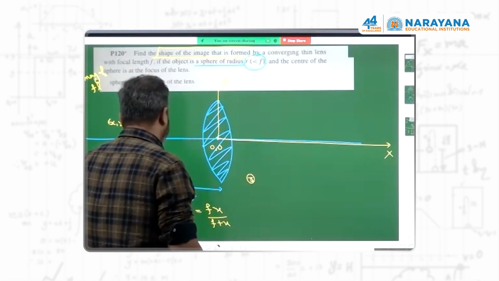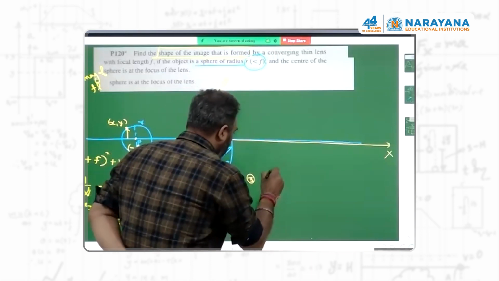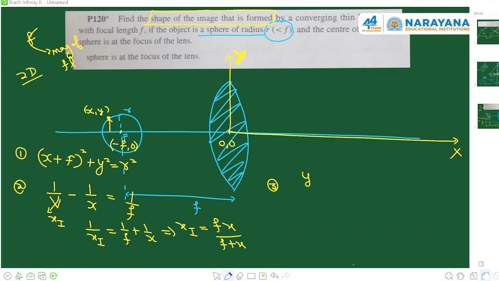So let's try to find out now. The y coordinate of the image, I'm just thinking about the magnification upon y with sign, will give me the magnification here, m. And m, obviously, I can report because m for me comes out as v by u there.